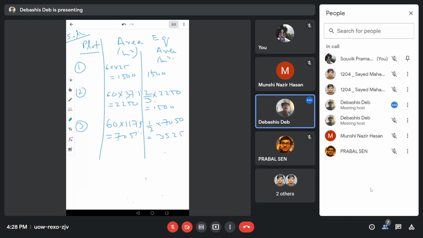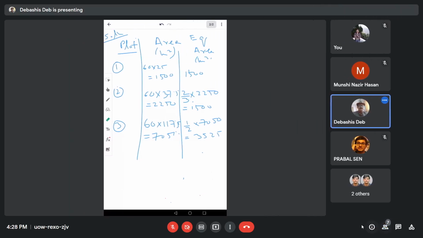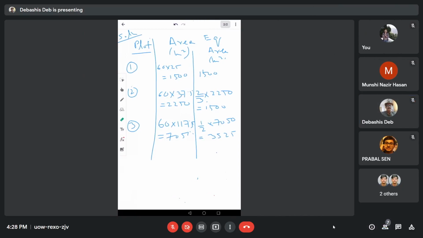y by 20, similarly, y by 20 equal to 37.5 plus 25 divided by 180.